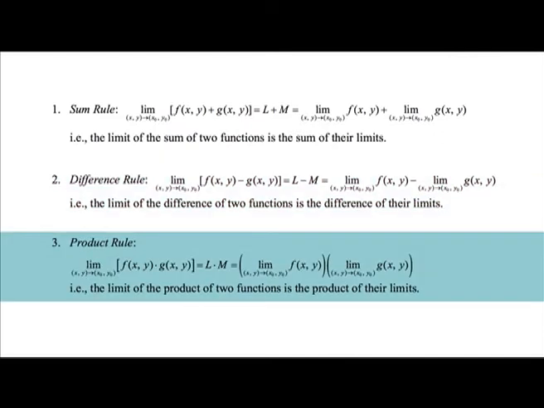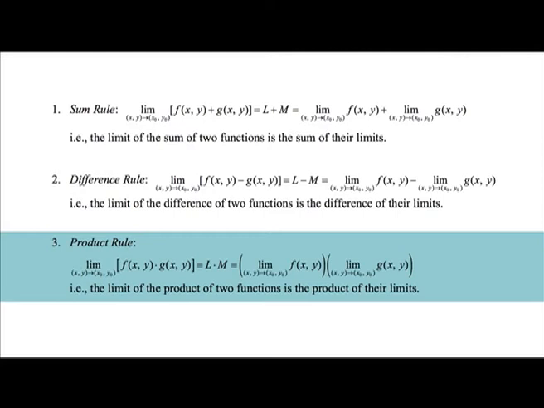Product rule: the limit as (x,y) approaches (x0,y0) of f(x,y) times g(x,y) is equal to L times m, which is equal to the limit of f(x,y) times the limit of g(x,y).